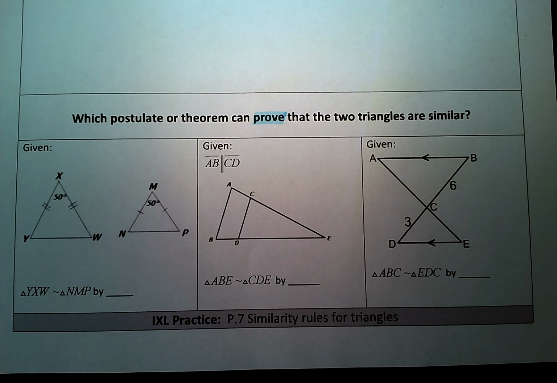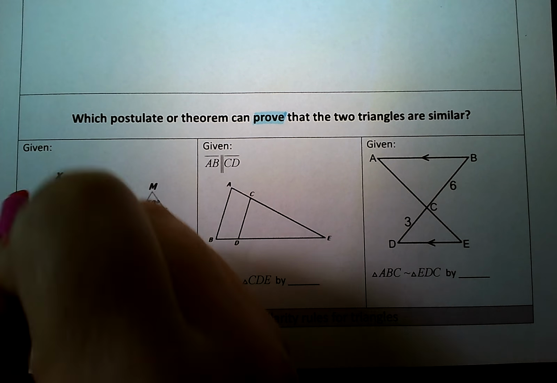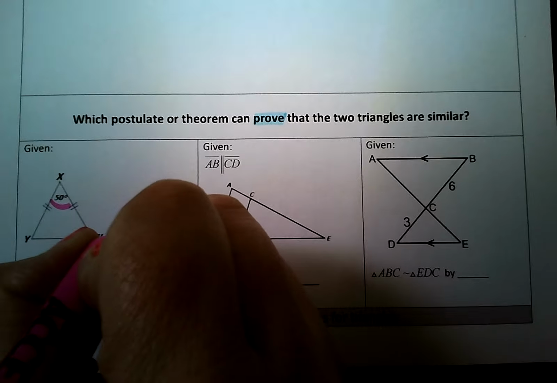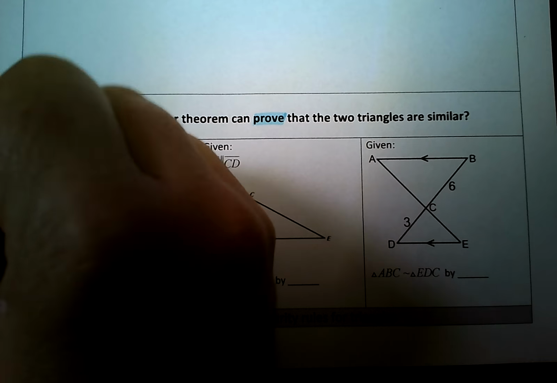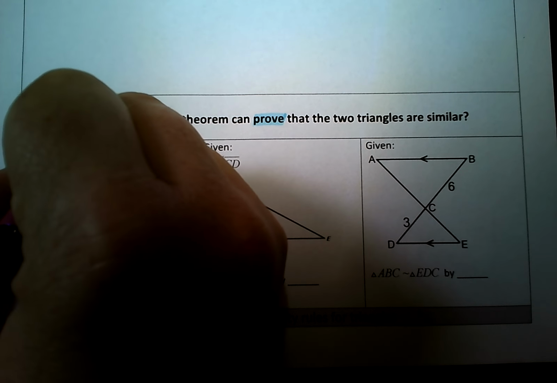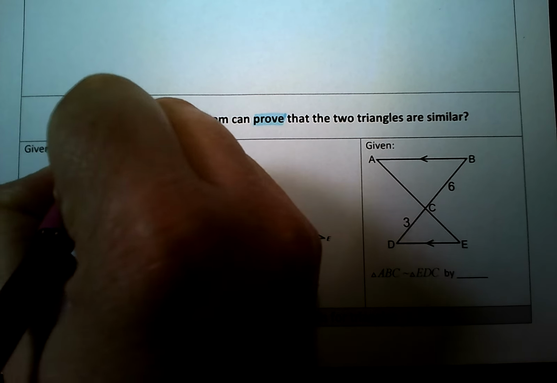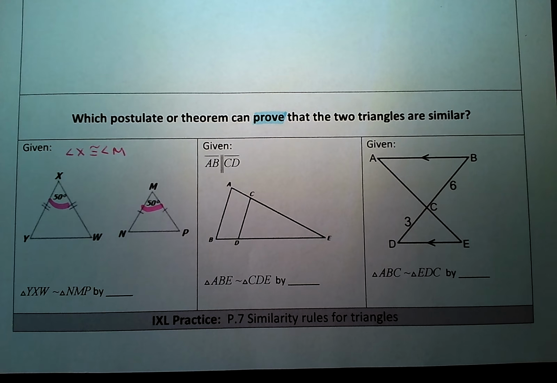In this first example, be very careful here. Yes, I see one congruent set of angles, so that's good. That might lead us to AA or SAS. Angle X is congruent to angle M. I also have some congruent sides, but this is a bit tricky.